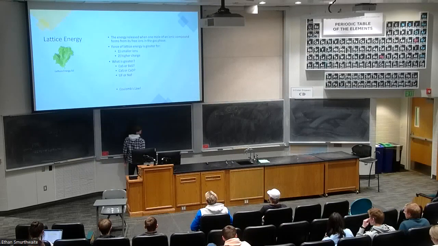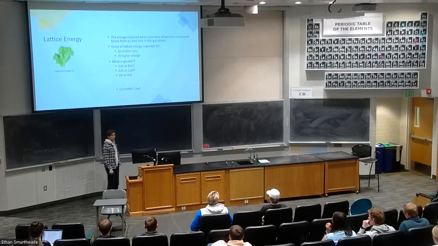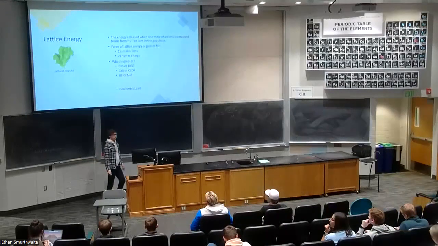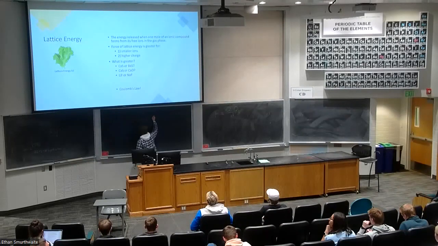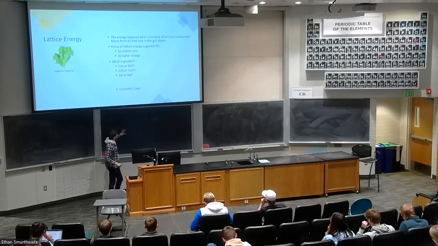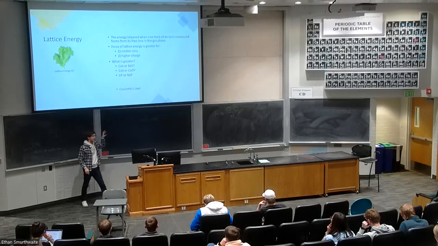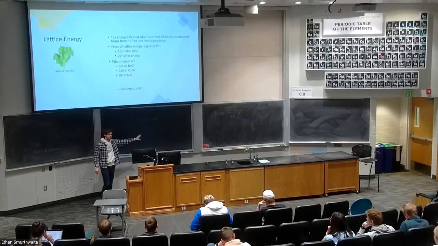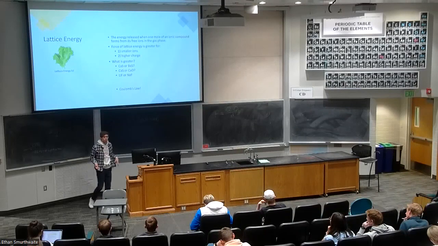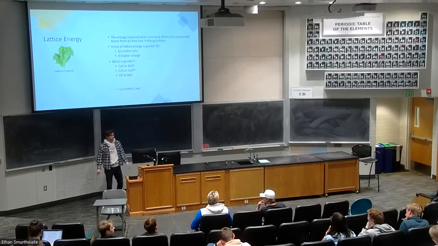Sorry, spoilers for the practice exam, but this is good to go over so you know it. The question wants you to rank these from lowest to highest lattice energy. So let's do a practice problem. All right, work with your teammates or do it on your own if you want to. Try to rank them lowest to highest. Ready, set, go.